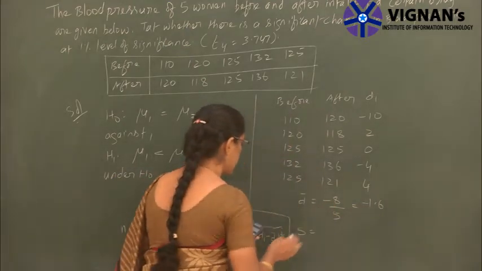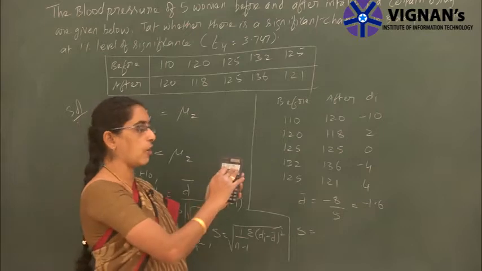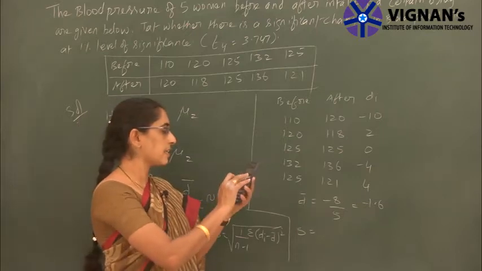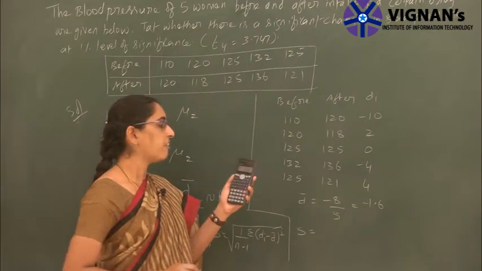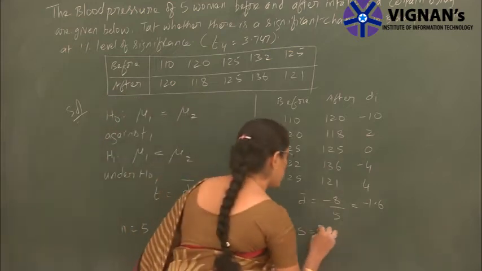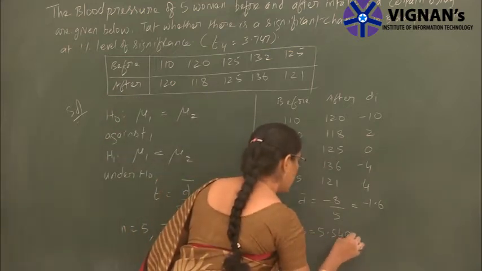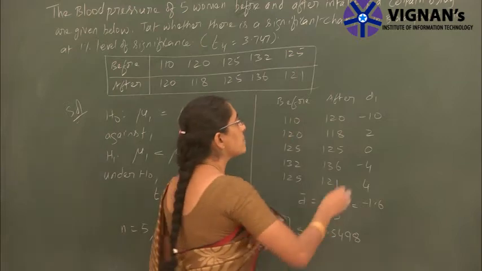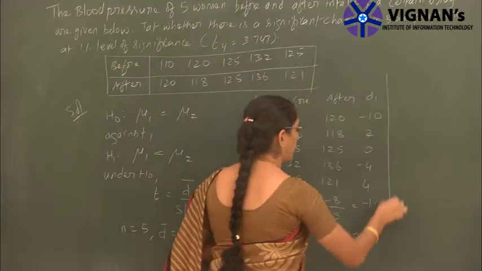Now capital S is, shift 2, third option, right? So that is 5.5498. Okay, now substitute in the T formula.